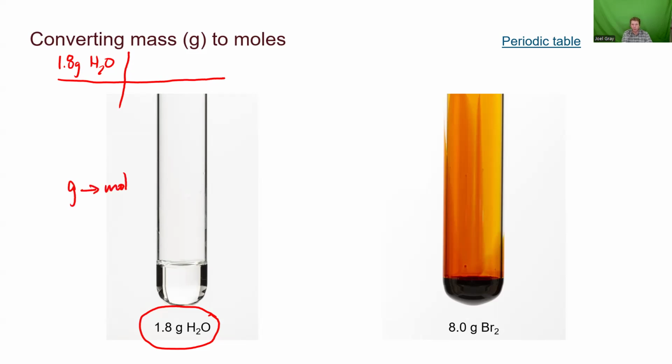This is the known quantity, 1.8. And I have to have a conversion for H2O to get to moles. Do I have that conversion? Yeah, I do. Because the mass of 1 mole of hydrogen is 1.